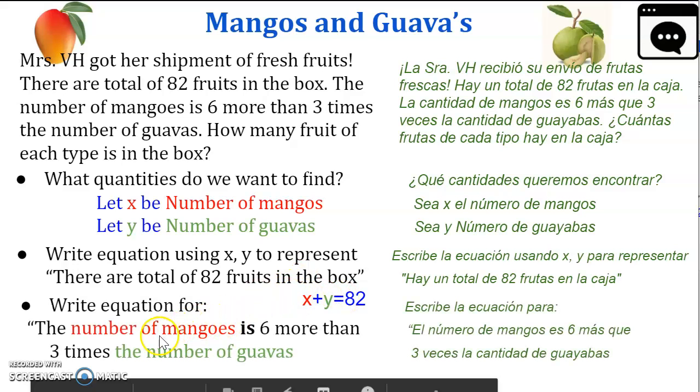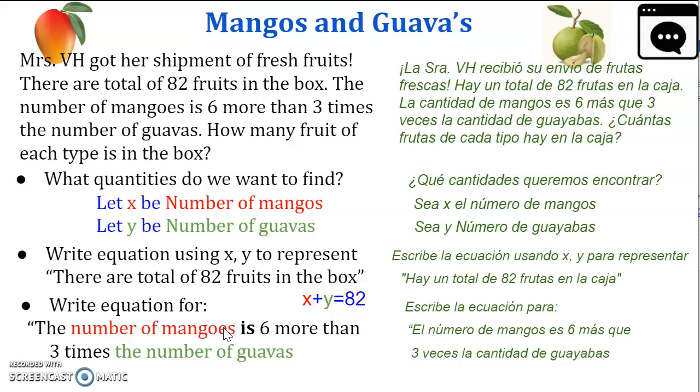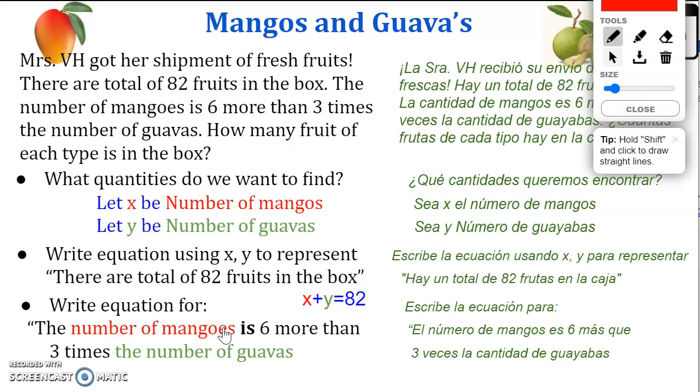The second statement says the number of mangoes is 6 more than 3 times the number of guavas. Can we translate that into an algebraic equation? So the number of mangoes. What do we know about the number of mangoes?